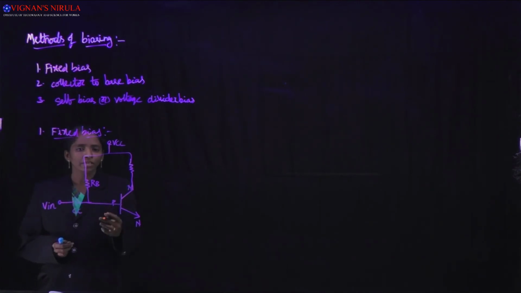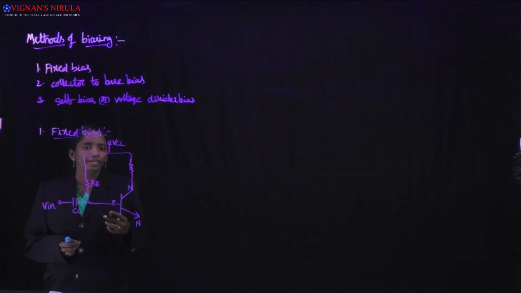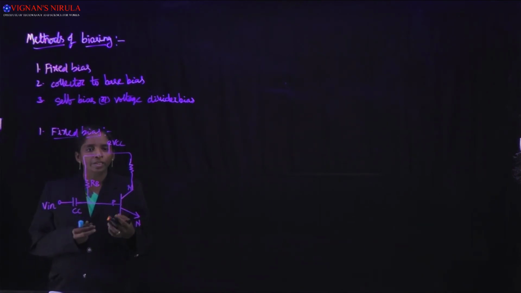If we do not use this coupling capacitor, what happens? We are fixing the operating point for the DC biasing, which means we are using DC voltages. If Vin brings DC voltages, the biasing operating point will change.